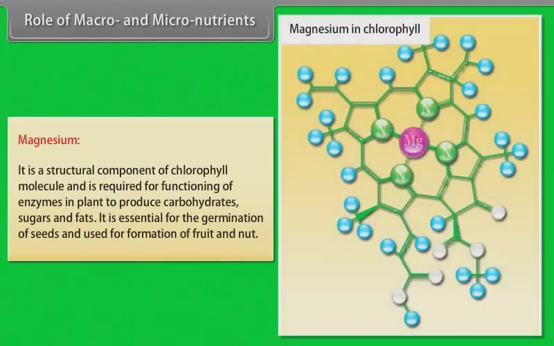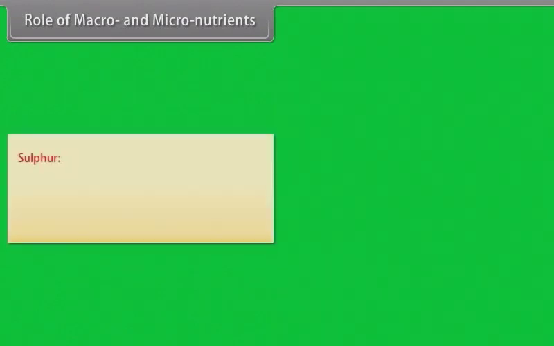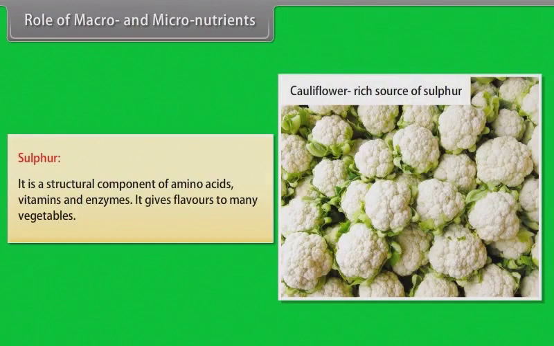It is a structural component of the chlorophyll molecule and is required for functioning of enzymes in plants to produce carbohydrates, sugars and fats. It is essential for the germination of seeds and used in the formation of fruits and nuts. Sulfur. It is a structural component of amino acids, vitamins and enzymes. It gives flavors to many vegetables.